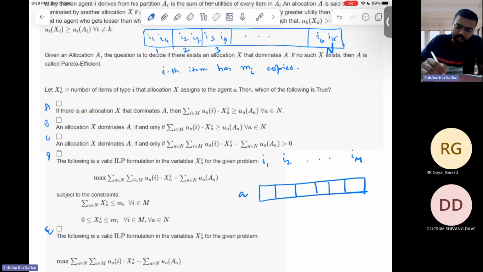So what is A sub A? A is an allocation. So A sub A is defined here.